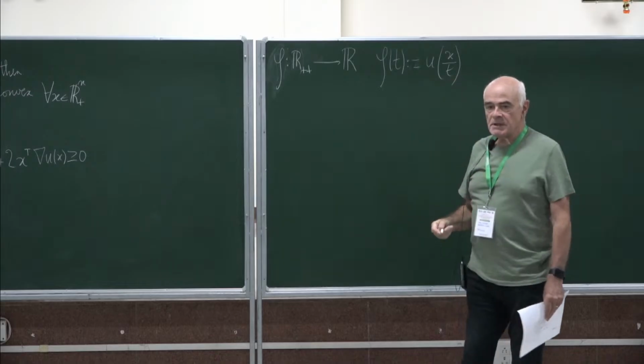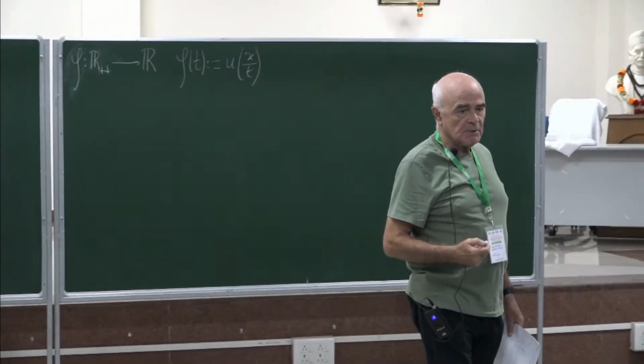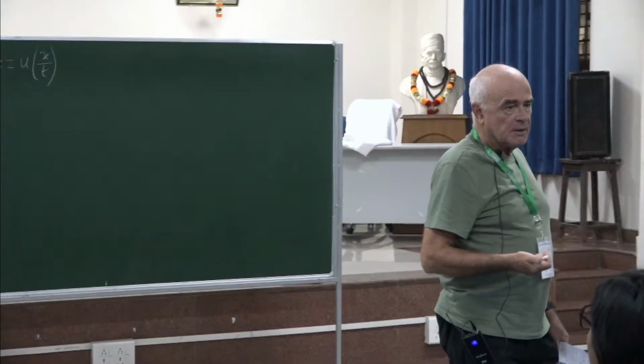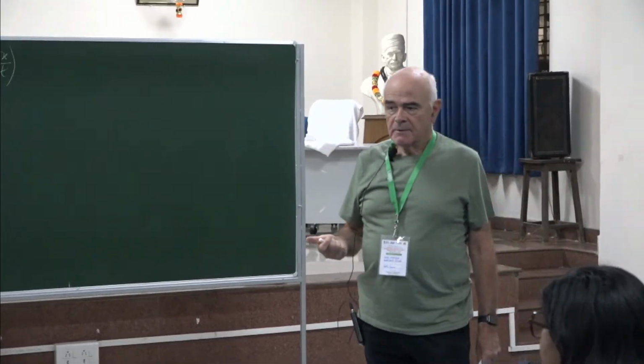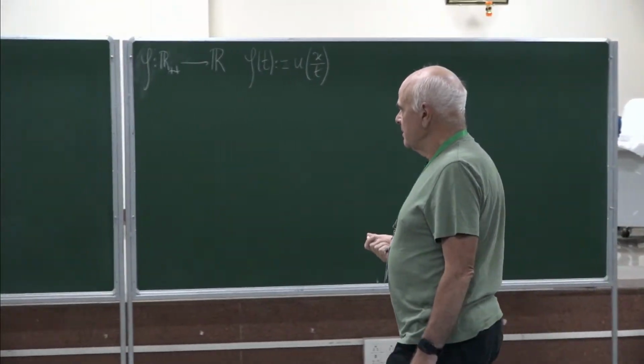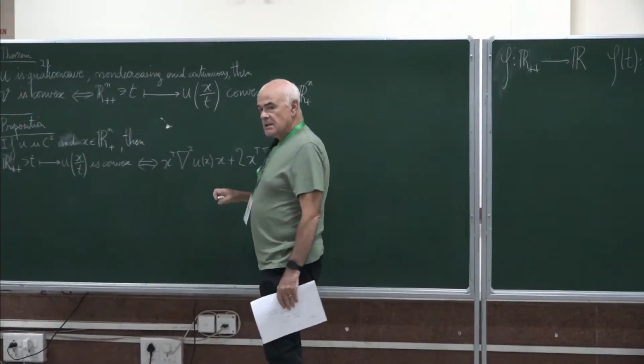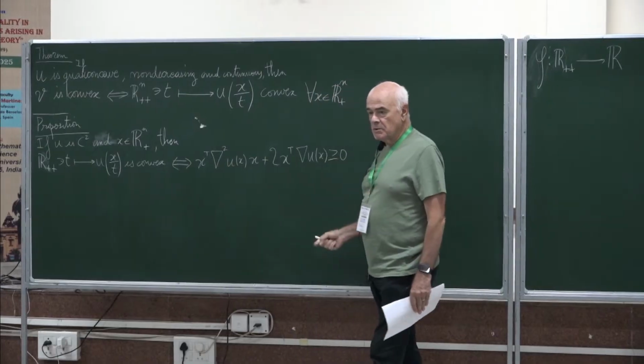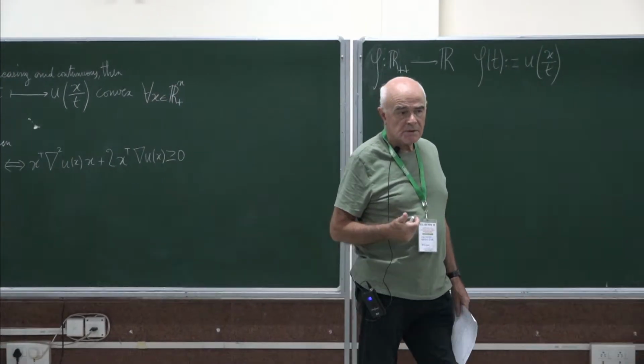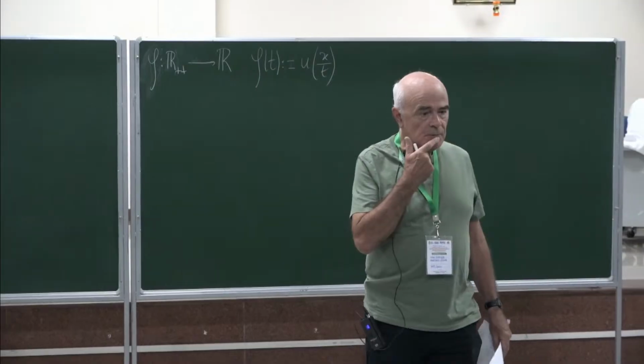And I will simply compute the second derivative of phi. And we will easily see that the second derivative of phi is non-negative everywhere if and only if this condition is satisfied. So it's just a matter of computation. Okay?